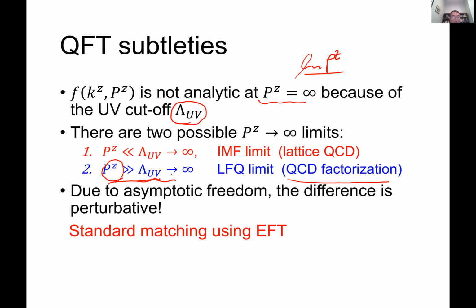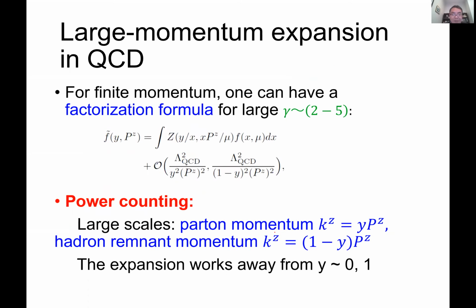And so therefore we can use the standard EFT matching, effective field theory matching, to take care of these differences. Okay, so despite the fact that PZ equal to infinity is not analytical, we can still make an expansion in 1 over PZ. And we just keep all the logs in a perturbatively calculable coefficient function.